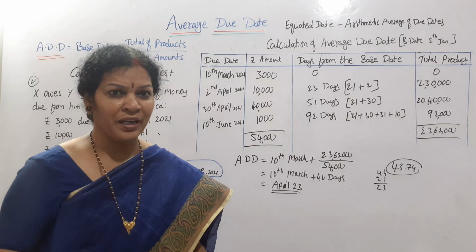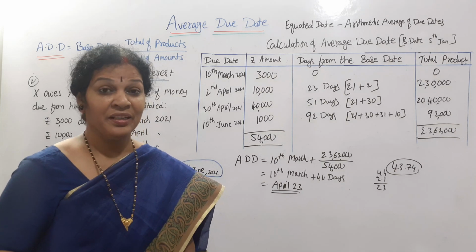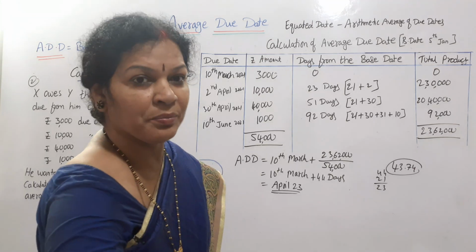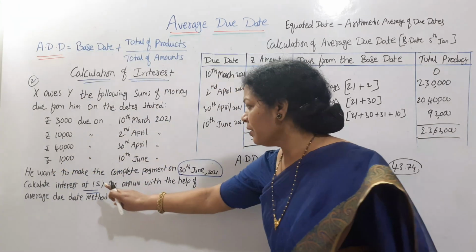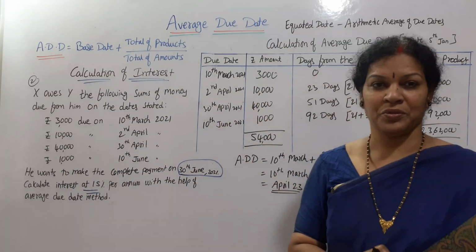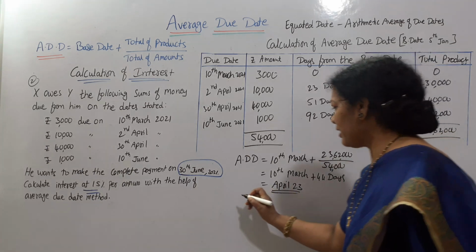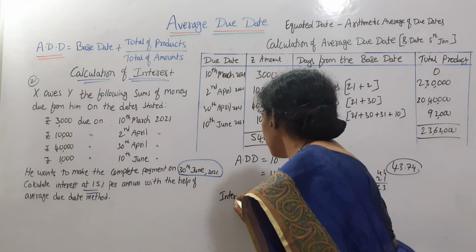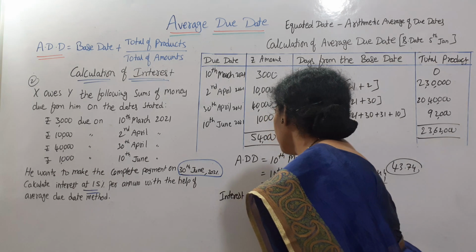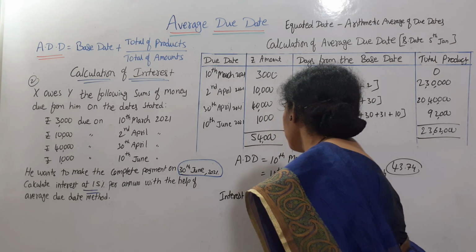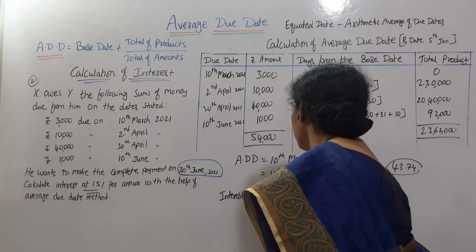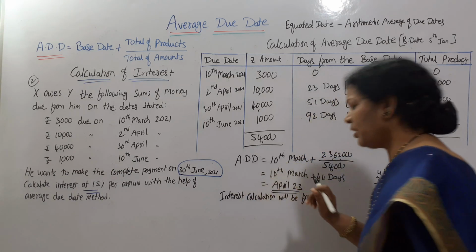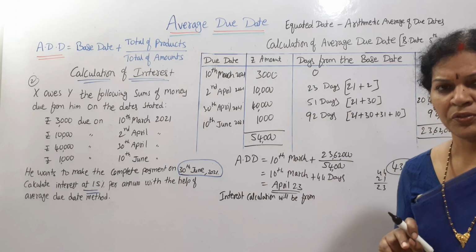But what we have to calculate? Interest. Interest from April 23rd, the average due date, to 30th June. So here I can write one sentence: interest calculation will be from the actual average due date, 23rd of April.